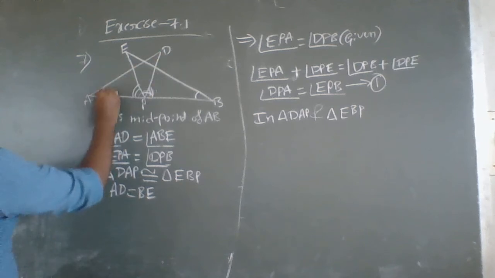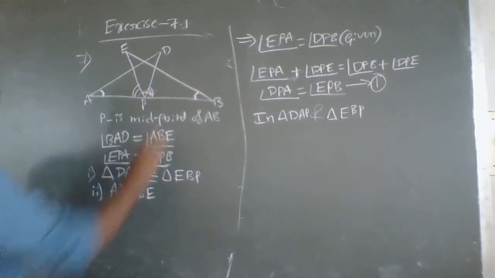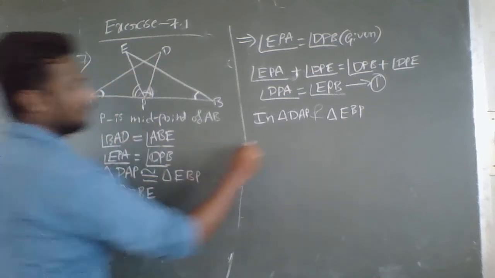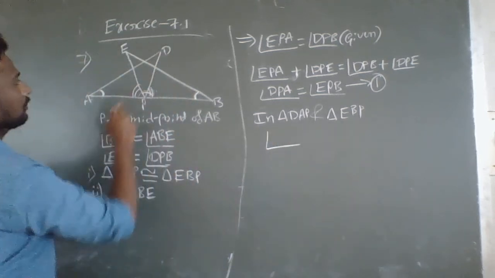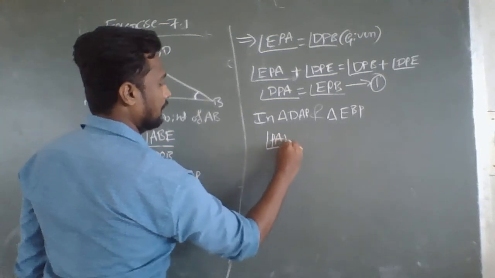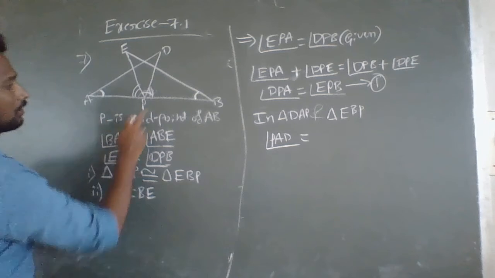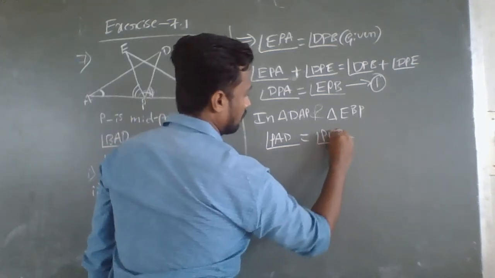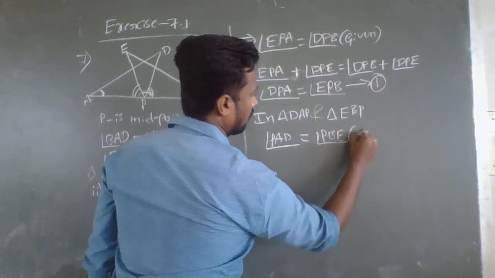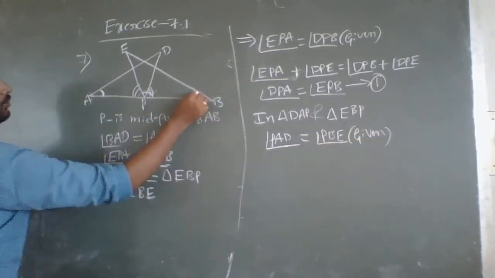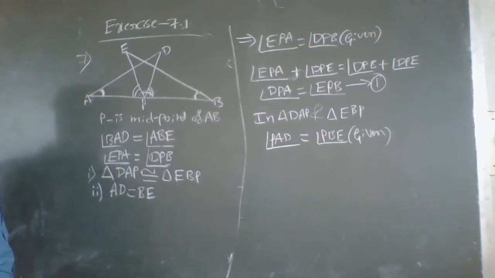BAD means this angle is equal to this angle. So now I can write here angle PAD is equal to angle PBE, given, because these two angles are equal to each other.